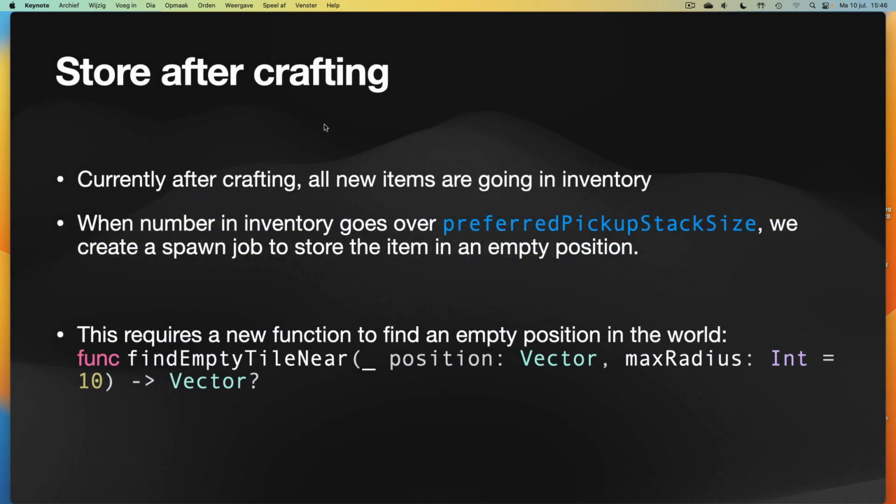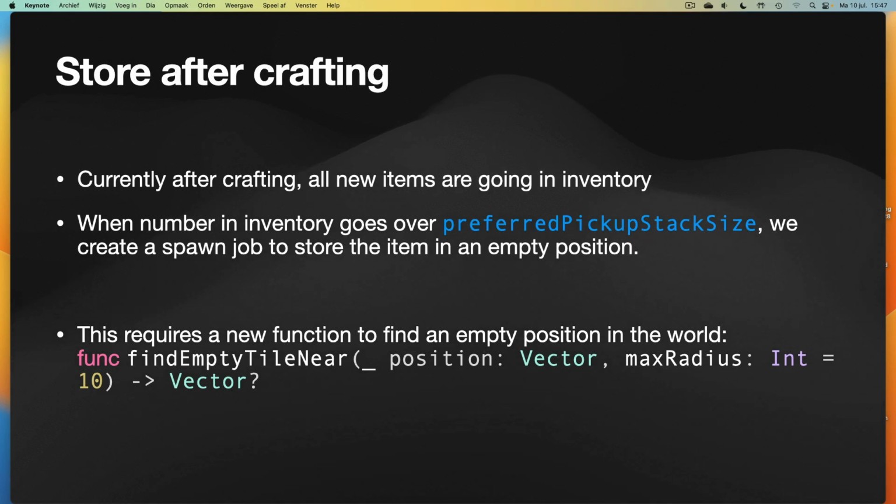In the last couple of episodes, we implemented crafting. Entities could work at objects to transform items into other items, and when they were done, those items would be put into their inventories.